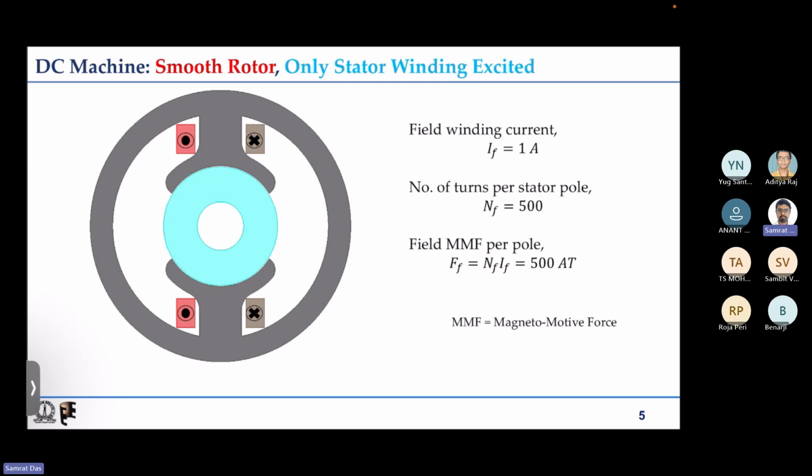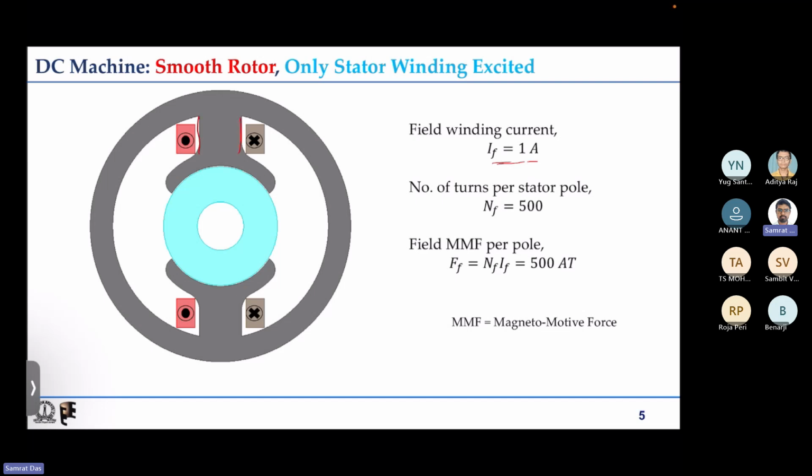There are no slots on the rotor body. So that's only an annular cylinder that is put as the rotor. And suppose for the simulation purpose we are having some field current of 1 ampere, number of turns per stator pole. What does that mean?